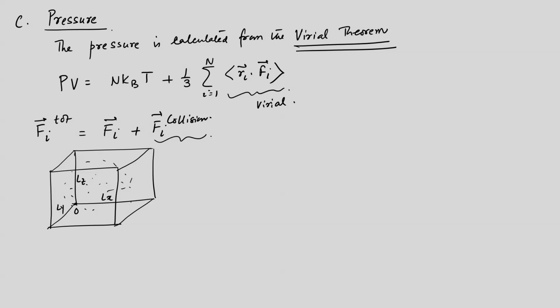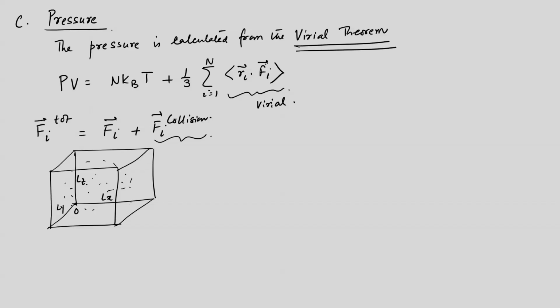And so one can calculate these; you see that these, r_i dot F_i, are the things that can be calculated from the MD simulations, and using this formula one can calculate the pressure exerted by say a gas, a classical ideal gas or for that matter anything.